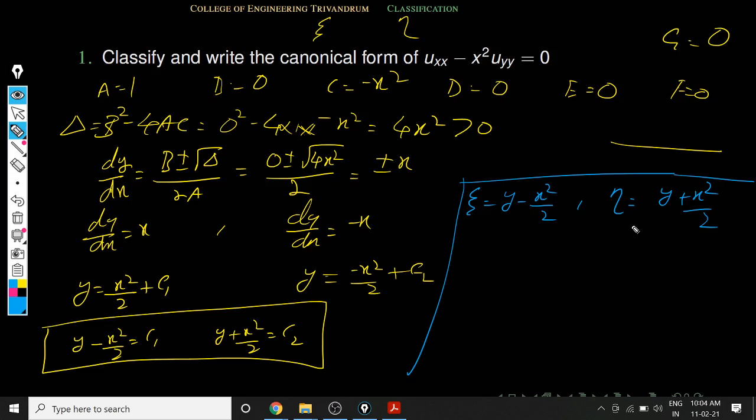Then what is our next procedure? Already we classified it, then found psi and eta, because it's a hyperbolic case. Then we have to compute a1, b1, c1, d1, e1 using this formula.